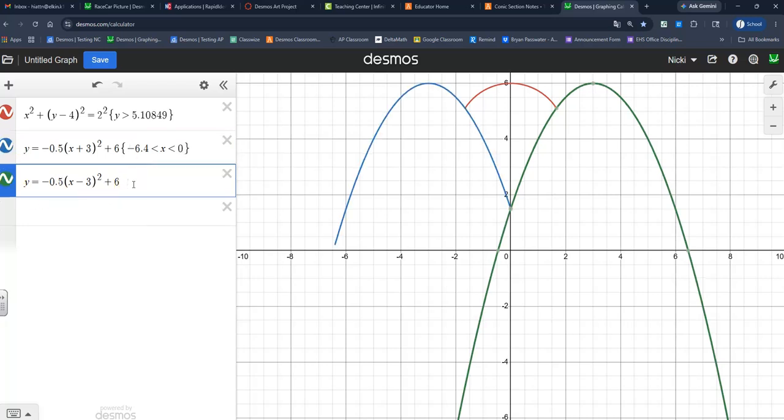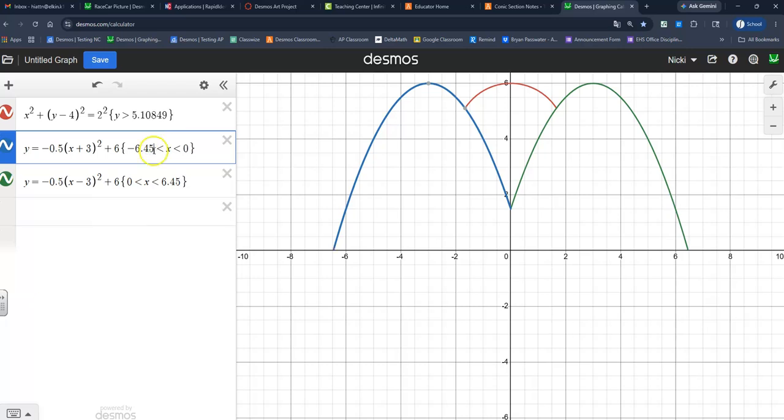Then I could go over here. I could do 0, less than x, less than 6.45, whatever. There. So my picture's already starting to come together, right? And I've got 2 of my conic sections already. So that's the idea that you're going for.